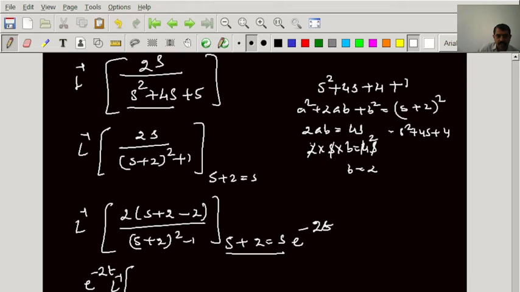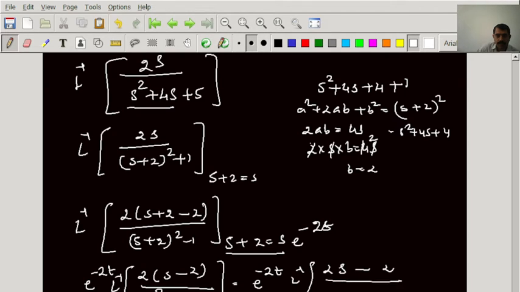Remember, this s plus 2 I am writing as s, so 2s minus 2 is left out, divided by s square minus 1. So this is e power minus 2t inverse Laplace of (2s minus 2) divided by s square minus 1.